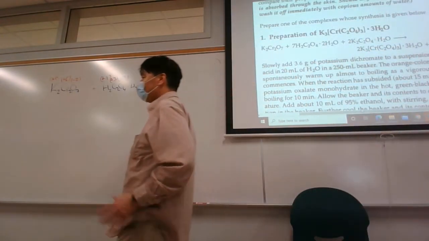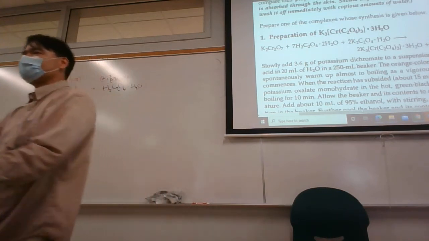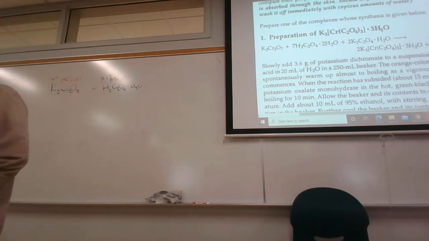What we're going to do, and I modified this procedure a little bit, we're going to use these balances over here in the back. What these have is a 0 button on it.